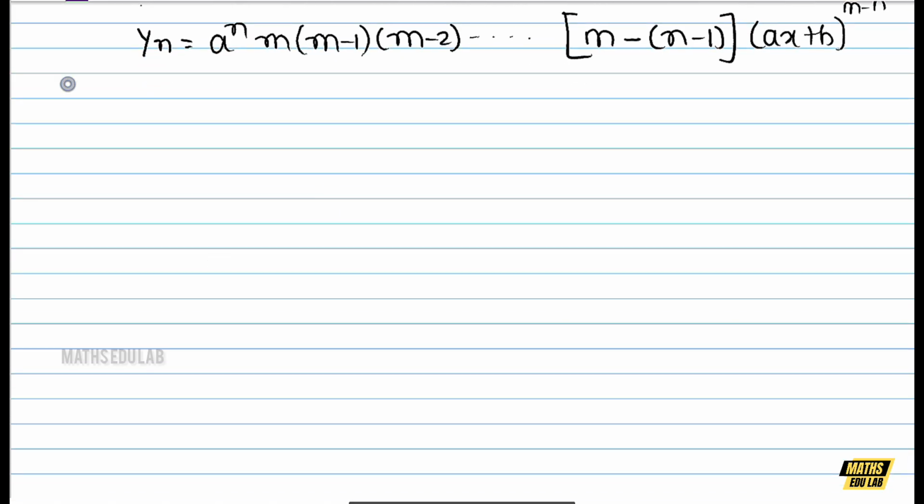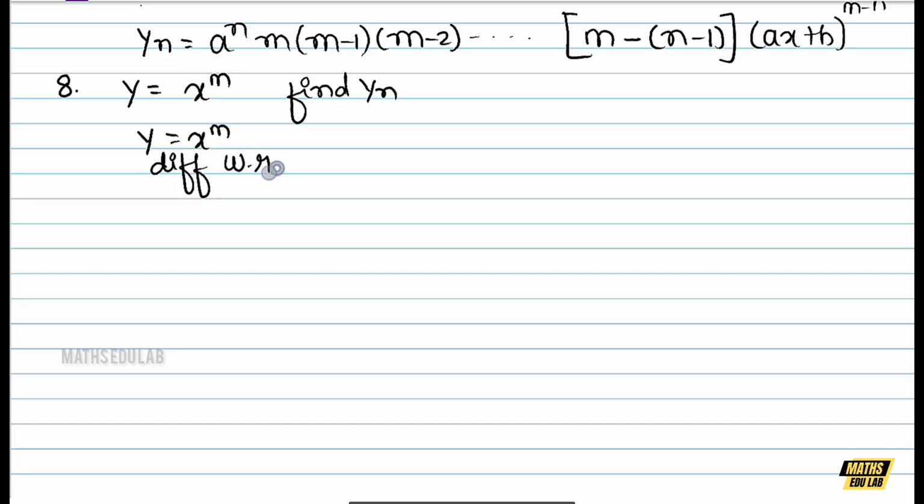The next and last standard form of the higher order derivative is y is equal to x to the power of m, and we will find the nth order derivative of this function. We differentiate with respect to x.